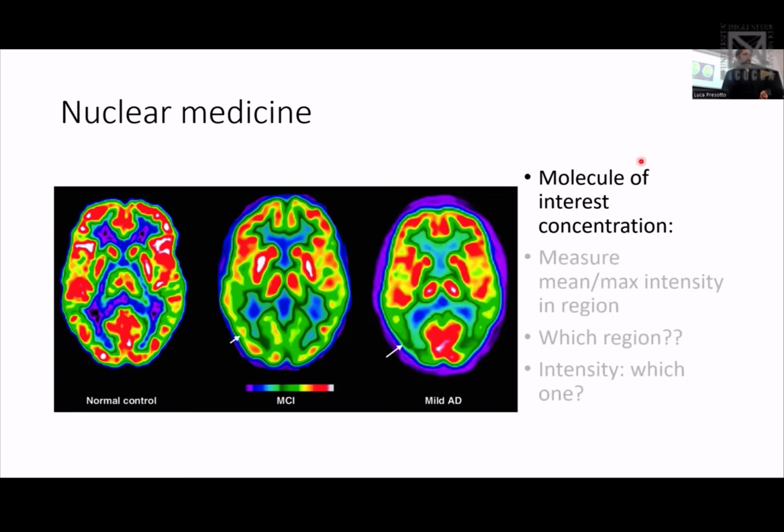But this opens a number of questions. You can maybe measure the mean and max intensity in one region, which of the two? In which region, by the way? I told you here. And if you get trained in neuroanatomy for not even that long, you can spot quite well where here is, but if you need to tell a computer where the parietal cortex is, that's a very different issue.